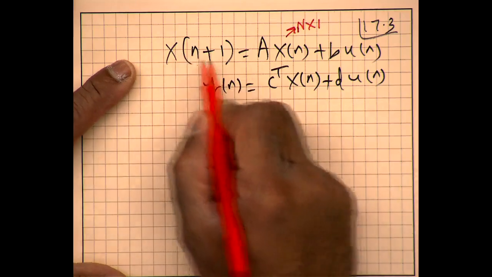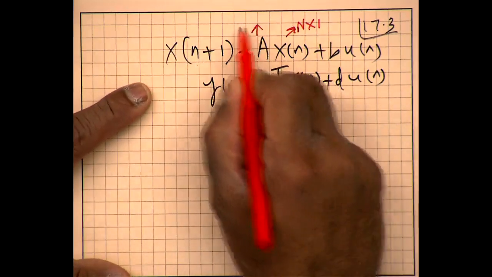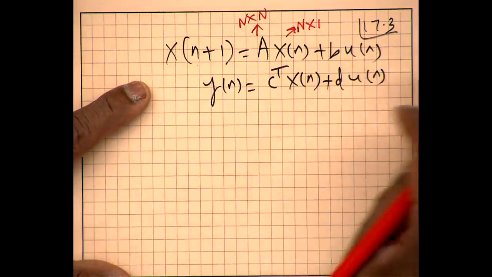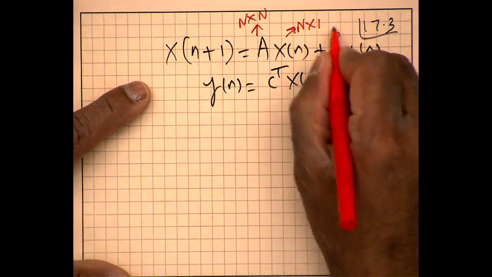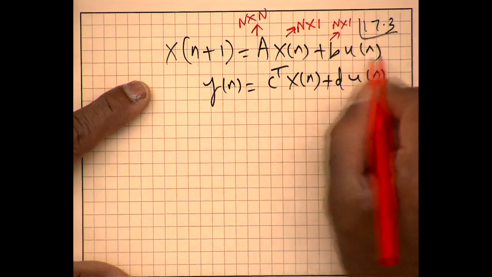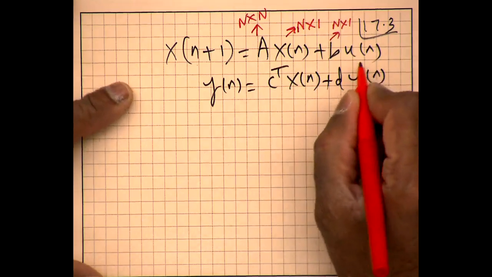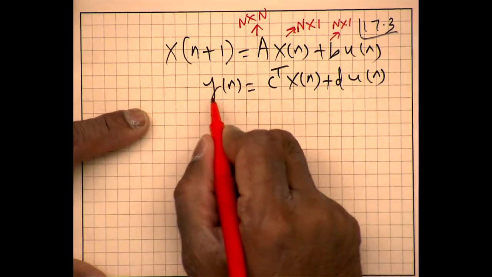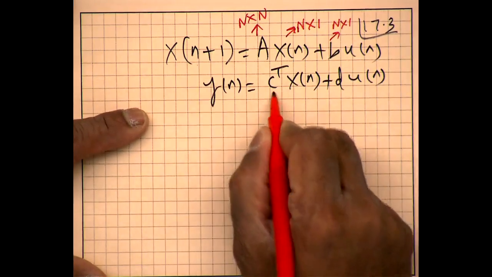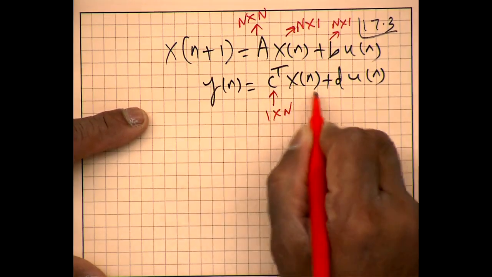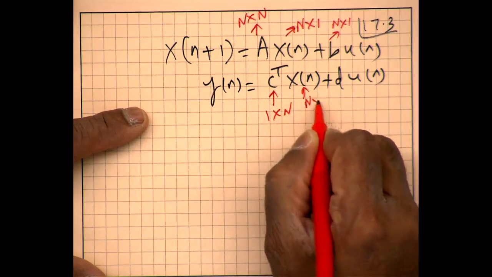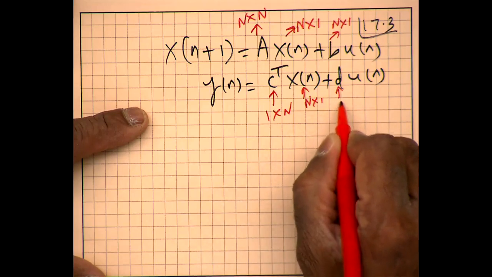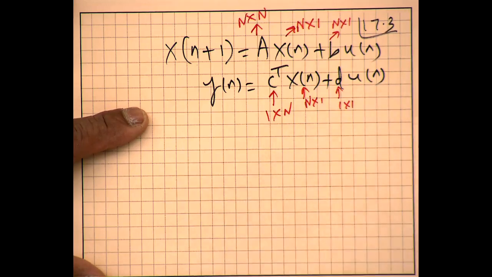A will be a 5 by 5, n by n matrix. B is an n by 1 vector. Un is the input u. Input is shown as x, but this is input u. Output is a scalar, 1 by 1. This is 1 by n, and times n by 1 is a scalar. D is a scalar, 1 by 1, and so is input u.